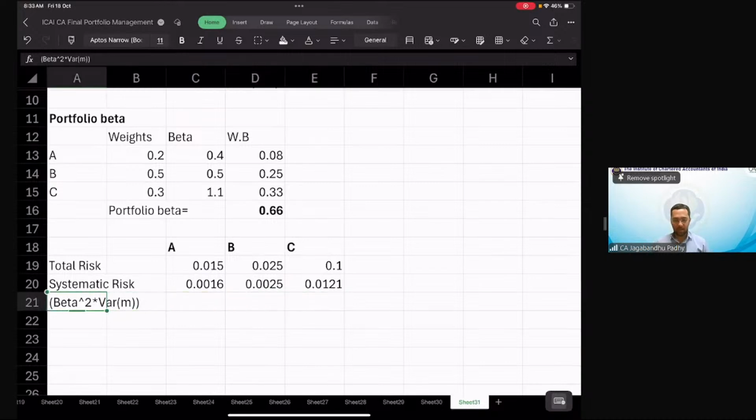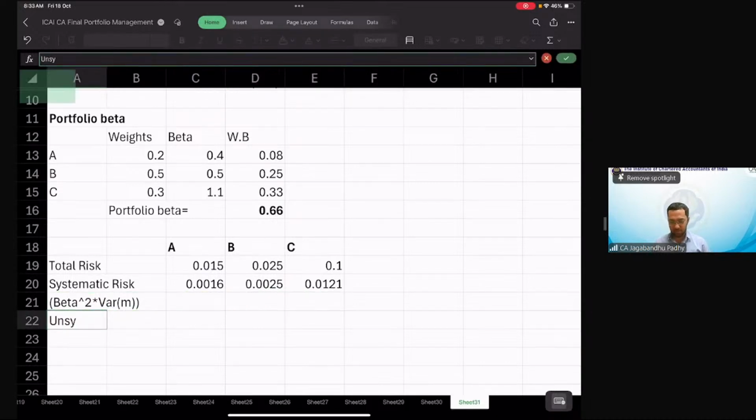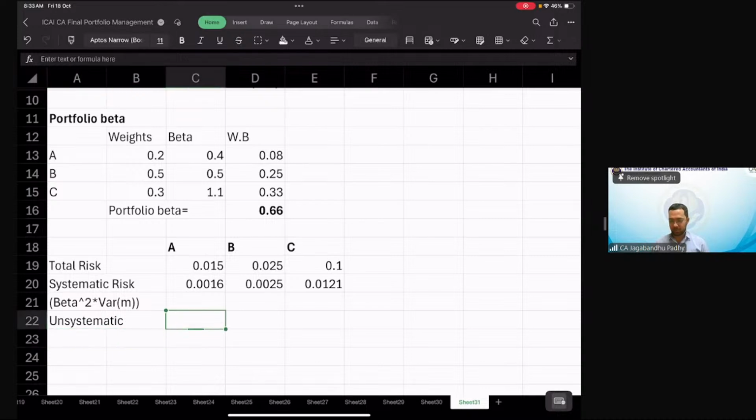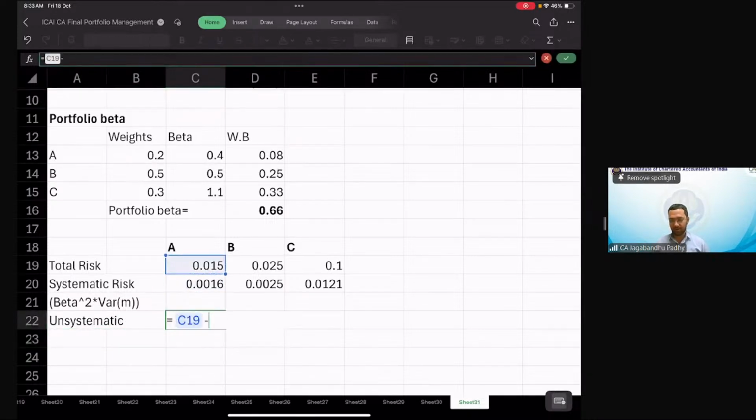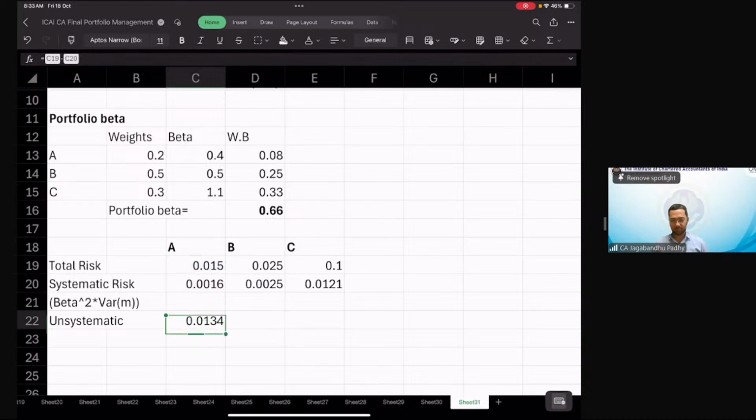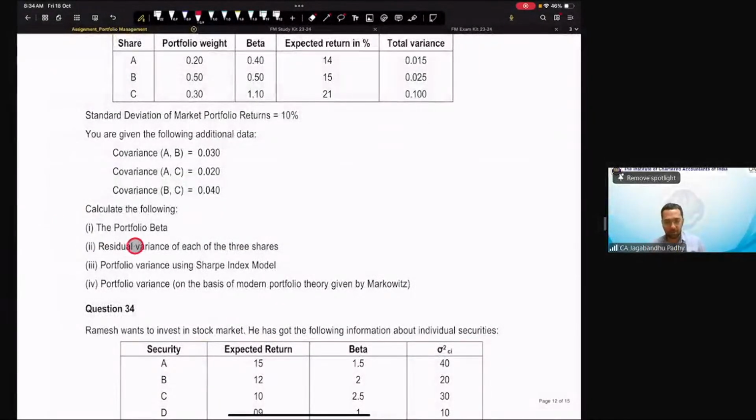Okay. And then finally, the unsystematic portion. Unsystematic portion will be total risk minus the systematic risk. Total risk minus the systematic risk will give you the unsystematic risk portion, and this is what we mean by the residual variance.